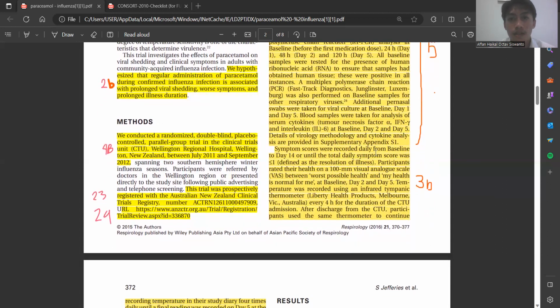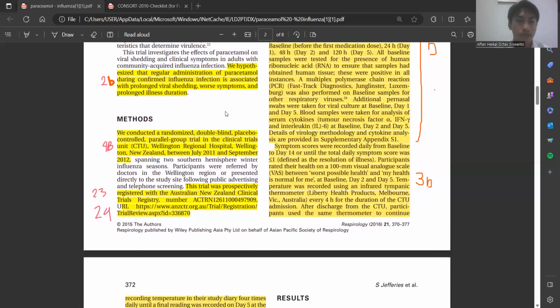So the next item here is point 3b. Point 3b is important changes to methods after trial commencement, such as eligibility criteria, with reasons.